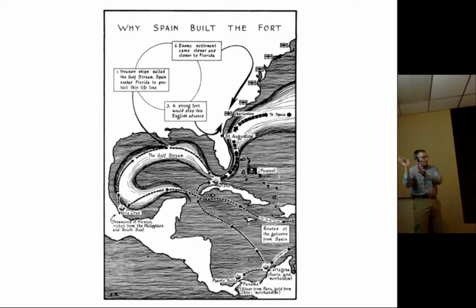And as you probably know, the North Atlantic Drift, the Gulf Stream, keeps northern Europe very temperate, not warm, but it keeps it from getting really, really cold, really far north. But the Gulf Stream is for the most part the way that the Spanish can get far enough north out of the horse latitudes so that they can catch the westerlies.